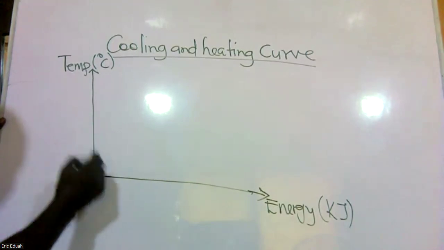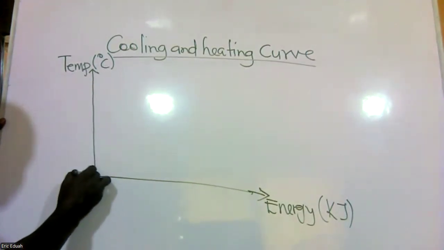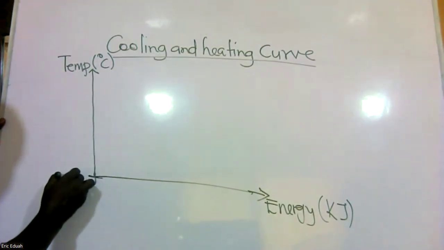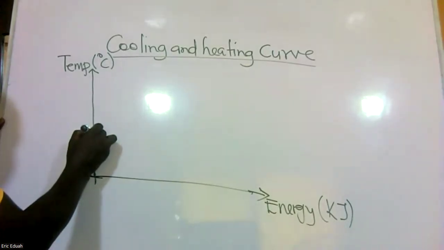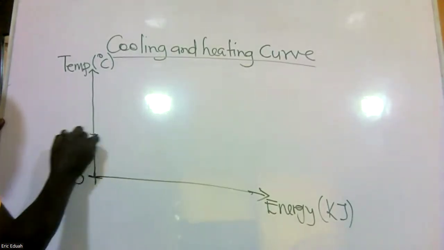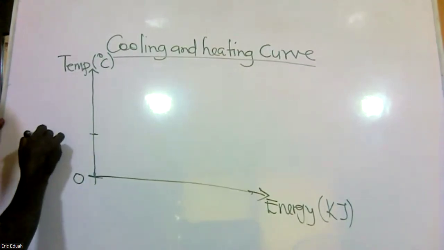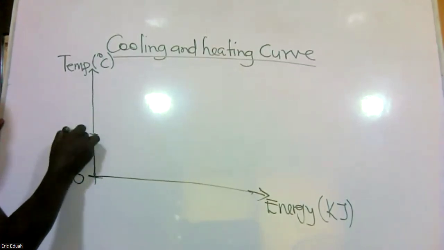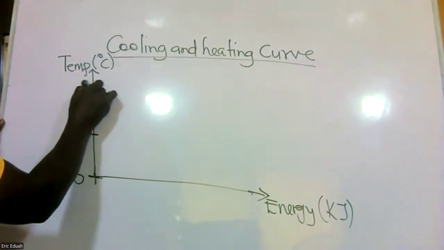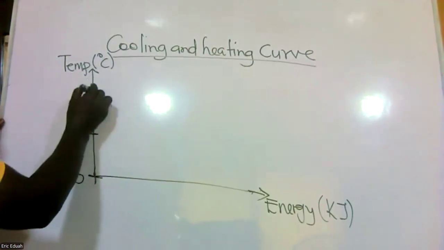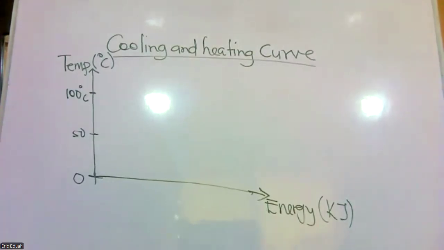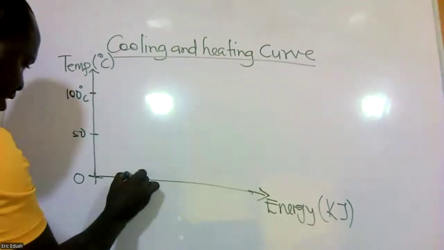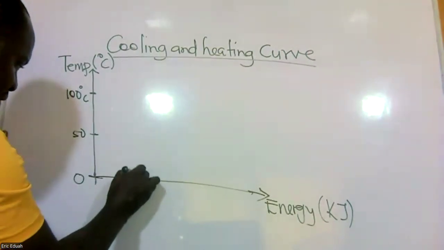Okay, so when we plot the question we just solved, we are beginning with temperature of 0, then to the temperature, let's say 50, then if we are taking 50-50 intervals, then that's 100 degrees Celsius. And in each stage, a certain amount of energy was used.